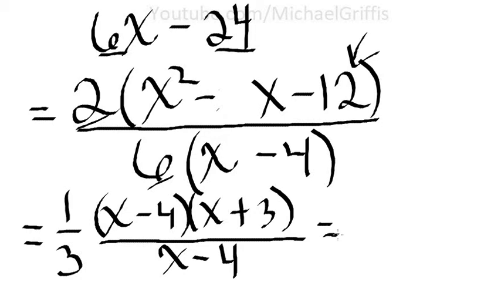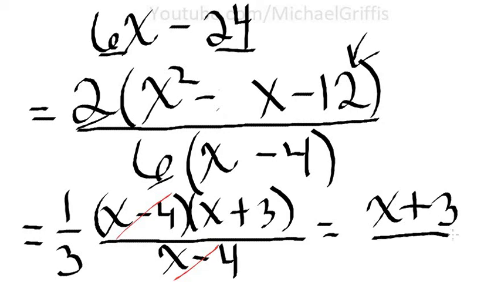We're going to have just enough room. So what cancels? Well, we have an x minus 4 in the denominator and x minus 4 in the numerator. So it looks like we're going to be left with an x plus 3 in the numerator, and we'll just go ahead and write down here in the denominator, over 3.